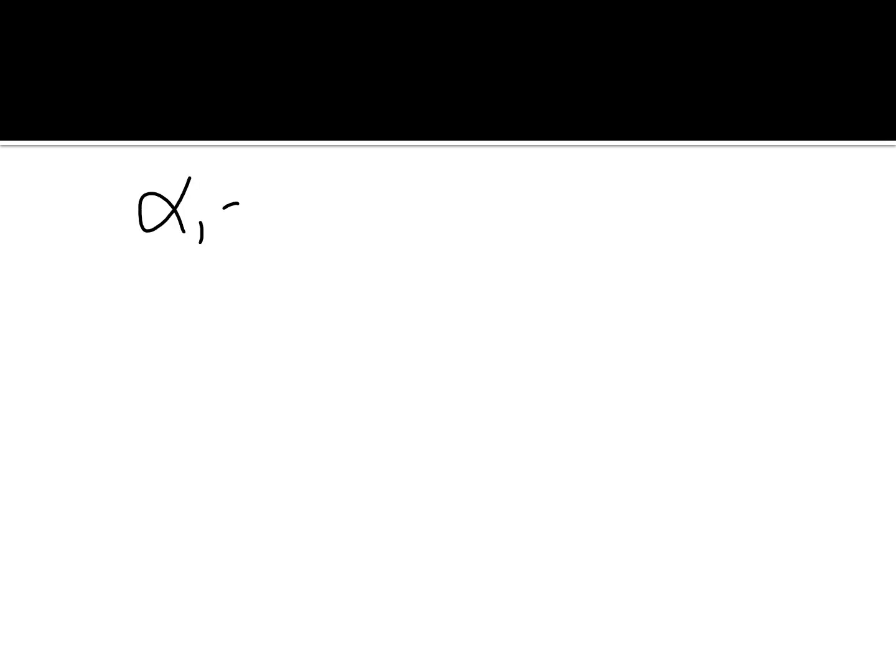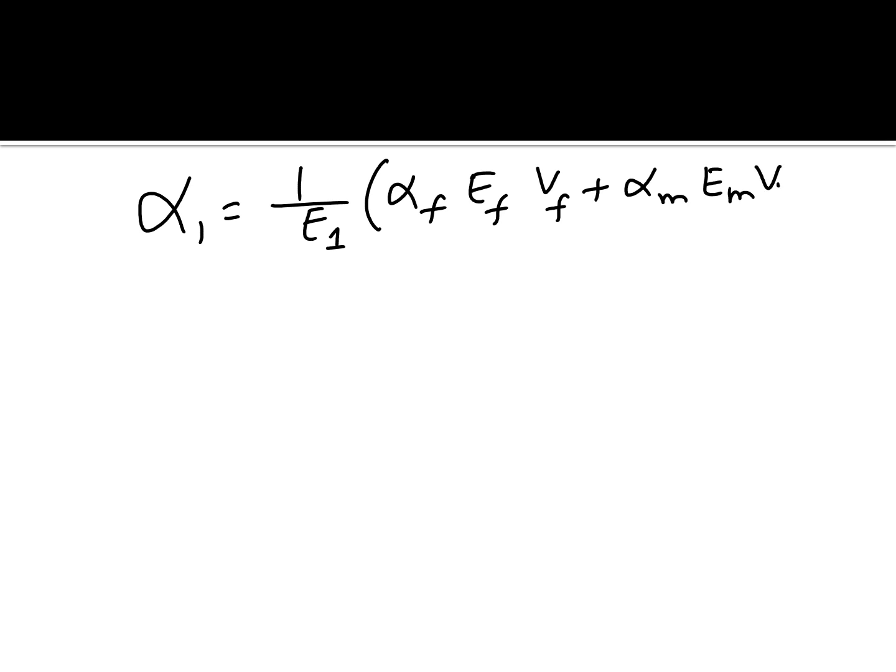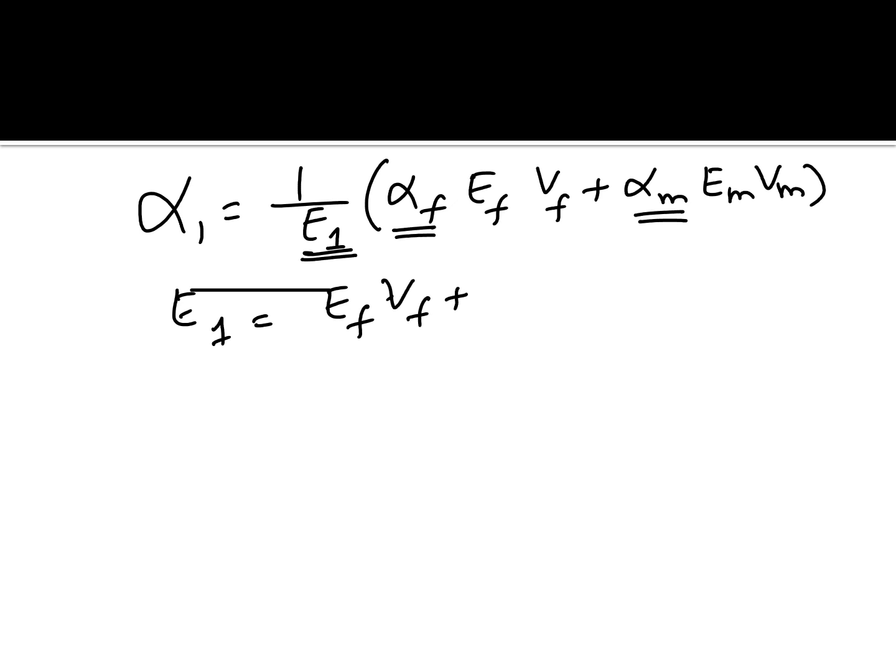So alpha 1 is 1 divided by the Young's modulus in direction 1 times alpha f, E f, V f plus alpha m, E m, V m. So of course we have to calculate the Young's modulus in direction 1. So let's go and do that first. E1 is nothing but, by the rule of mixtures, given by this formula right here.